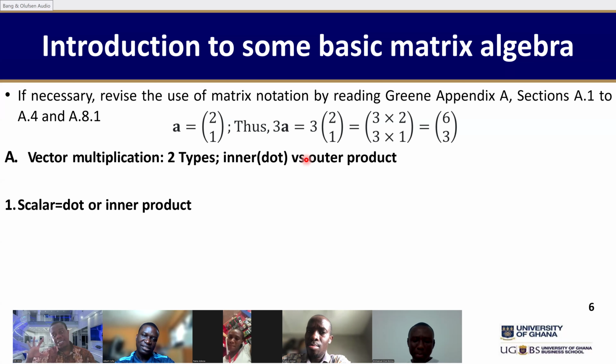Okay, good. So let's say that you have a vector, and then you have a scalar, and you multiply the scalar by the vector. What happens? Look at what you have here. Which one is a scalar? Which one is a vector?